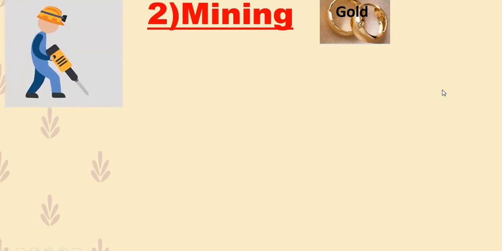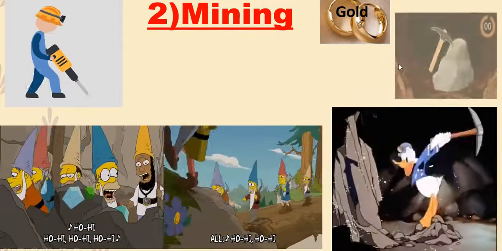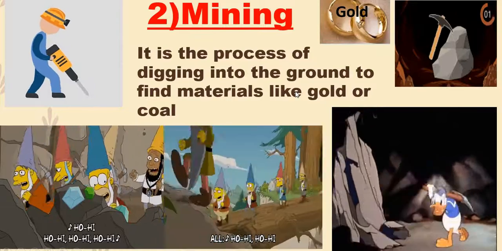Okay, what else? What do you think? Jewelry. We said it is made of gold. From where can we get gold? Mining. So the second way to get materials to make an object is from mining. Look, mining like this, like Donald Duck does.